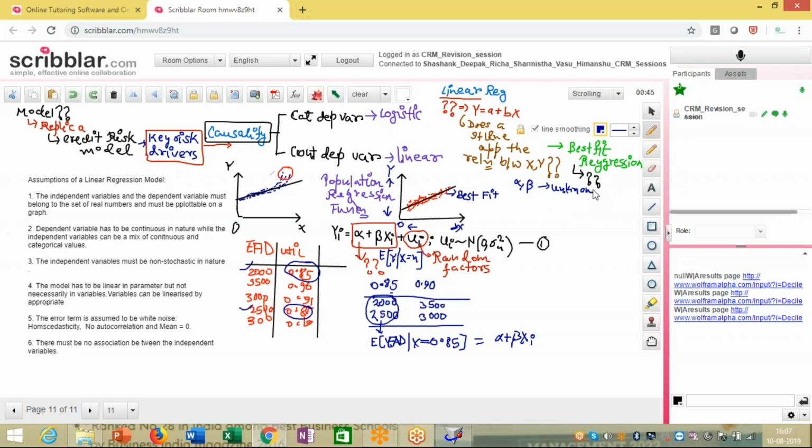So how is it that we can predict them? As we have already seen, based on the sample that we have with us, our objective would be to predict the population parameter, right?